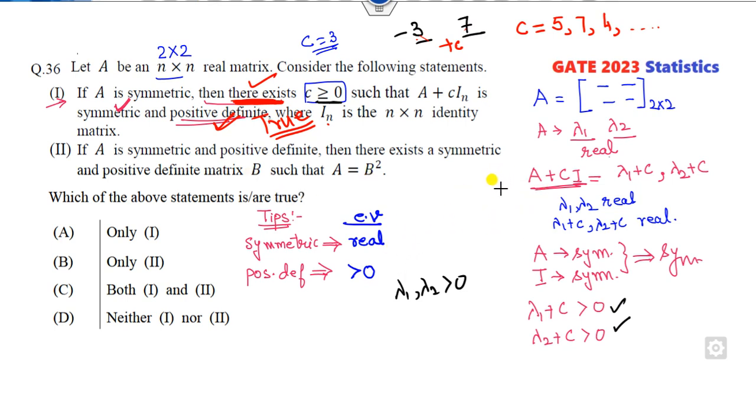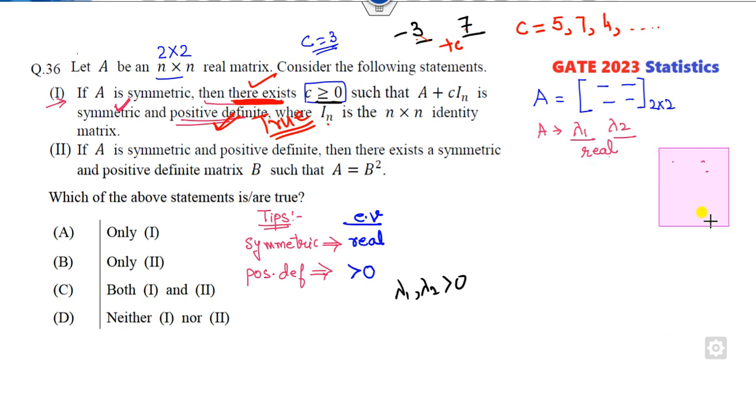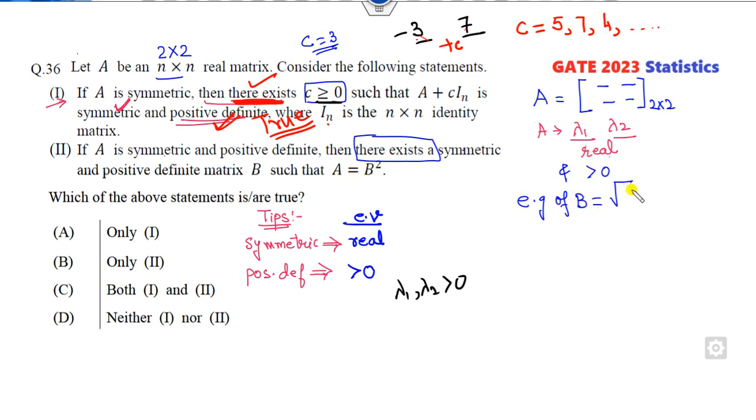Look at the second part. What is given to you? A is positive definite and symmetric. Symmetric means eigenvalues are real, and positive definite means both eigenvalues are positive. Then there exists a symmetric and positive definite B. What are the eigenvalues of B? Can you find B so that A is equal to B square? These are my eigenvalues.